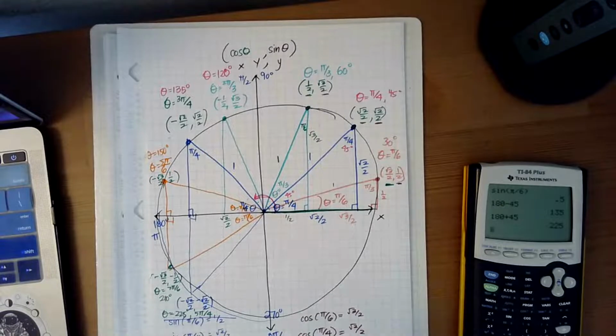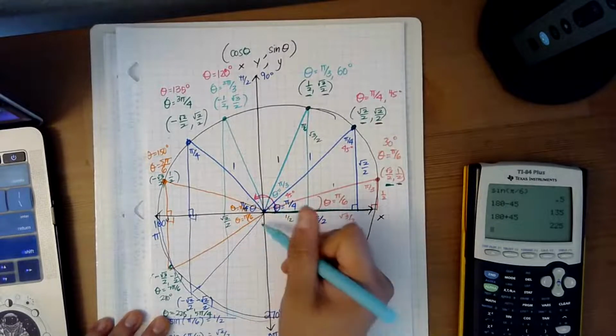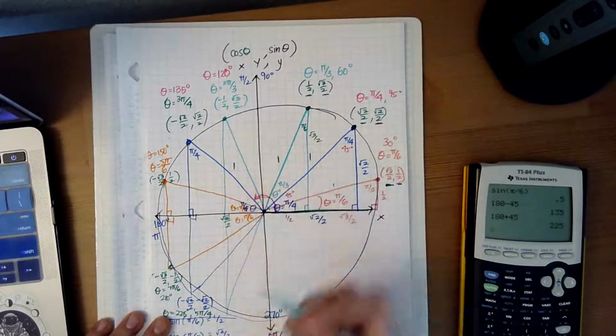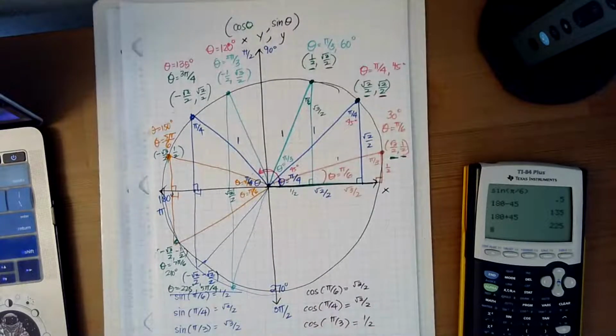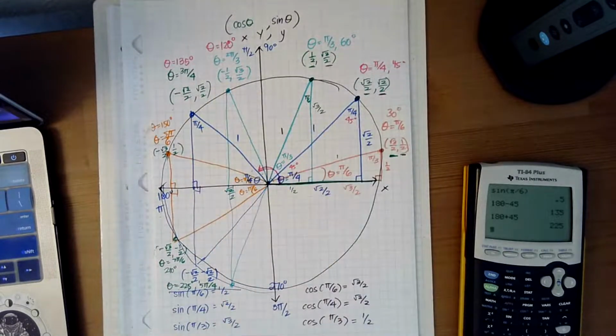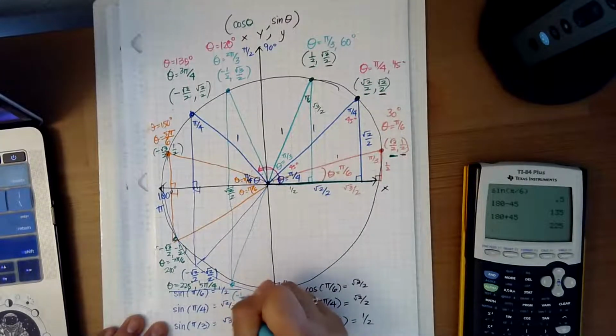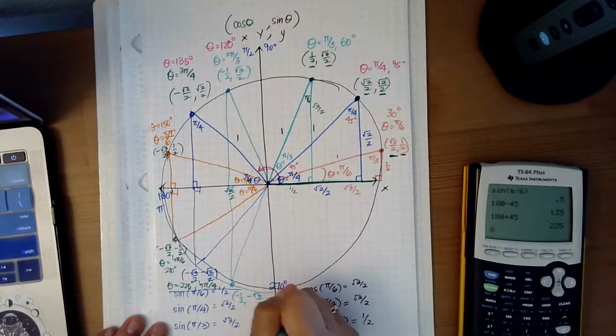Okay. Building this next one here. See how I'm building it? You're going to have to practice this. You're actually going to recreate this in your homework. So again, I'm going to look at this one now. My coordinate points are going to be negative 1/2, negative radical 3 over 2.